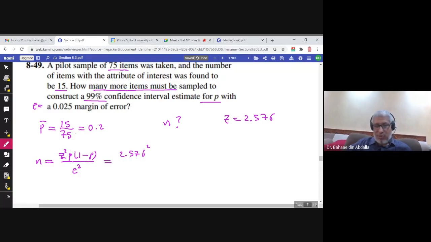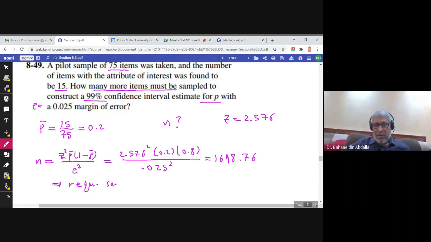P, I will use P bar now instead of P. 0.2. 1 minus P bar is 0.8 over E squared, and E is 0.025. So this will give me the required sample size. So if you multiply using the calculator, you get 1698.76.